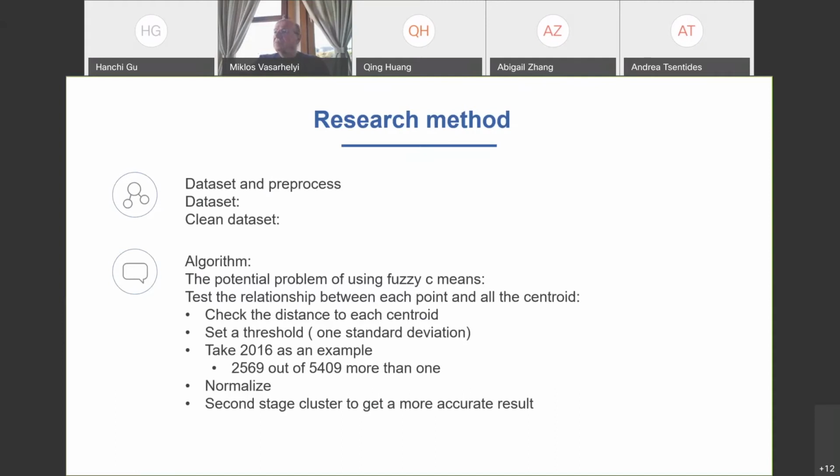We can take the data in 2016 as an example. About 2,500 out of the 5,400 files have more than one industry that is close enough to them. The next step is that I normalize those highly related industries and get the proportion that each company can belong to each industry.